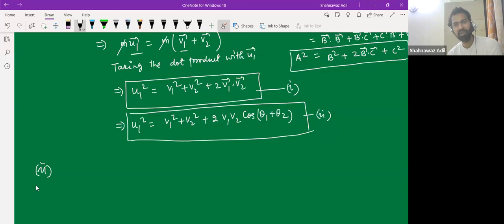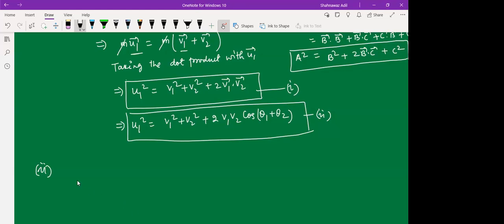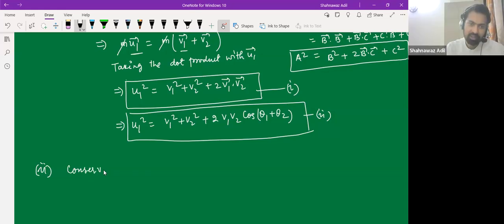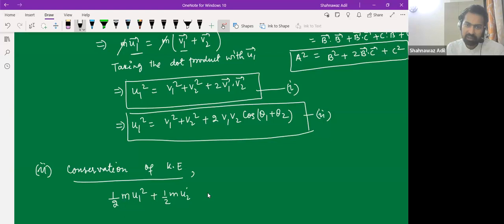What is the other thing that we have not used? Kinetic energy is conserved. So, conservation of kinetic energy: half m u1 square plus half m u2 square is equal to half m v1 square plus half m v2 square.